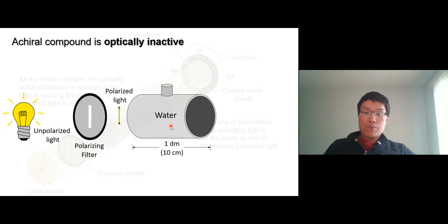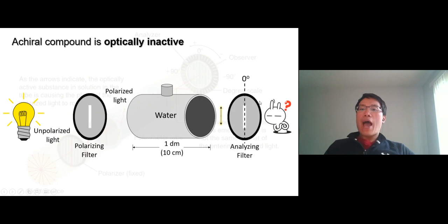Water is achiral, and an achiral compound does not do anything to polarized light. The polarized light just passes through. So an achiral compound is optically inactive. It doesn't do anything to the light. Optic means light. If you have an analyzer, which is another filter, and the slit has the same plane as the polarized light, it passes through and you can see it.